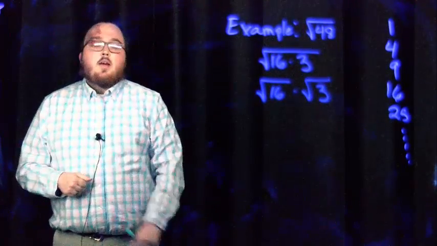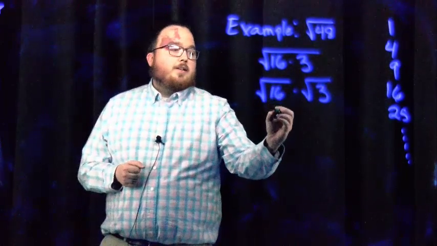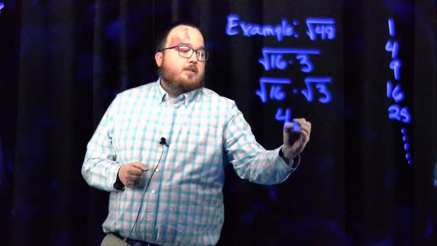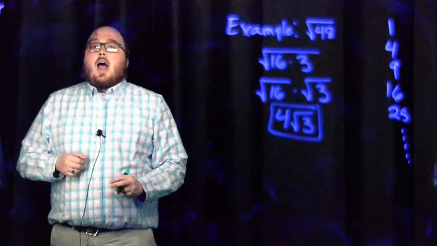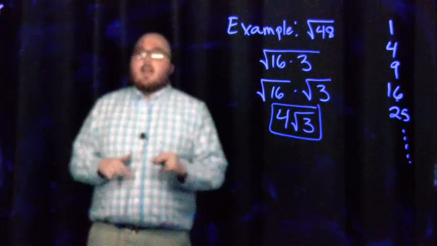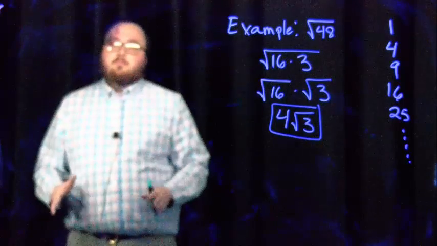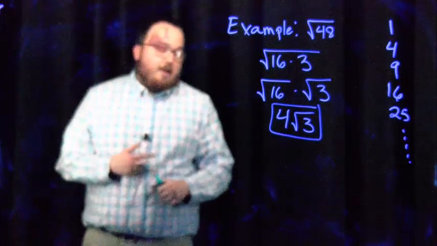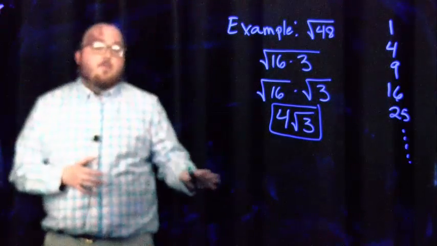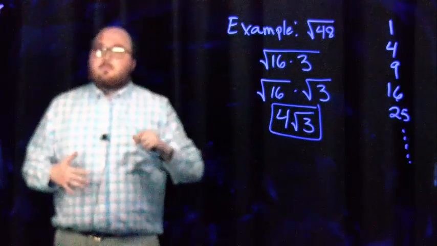And this is great because the square root of 16 is 4. So I can write this as 4 times the square root of 3. I know to stop when what's inside of my square root no longer has a factor that's a perfect square. 3 is not a square, and it does not have a factor that's a square. So we're good right here.